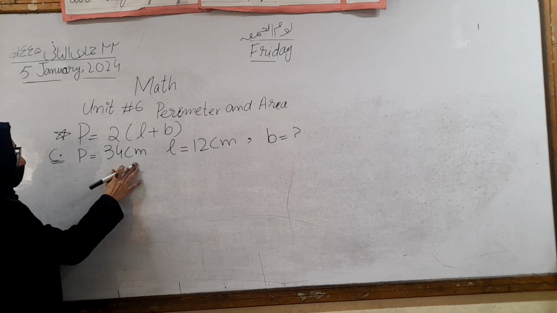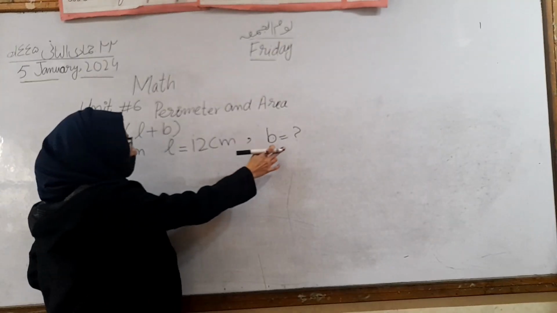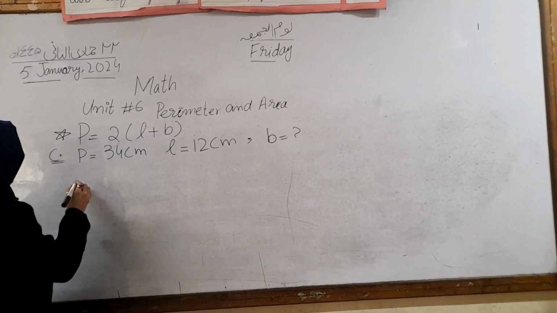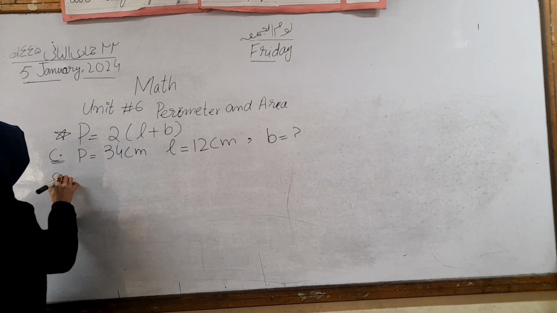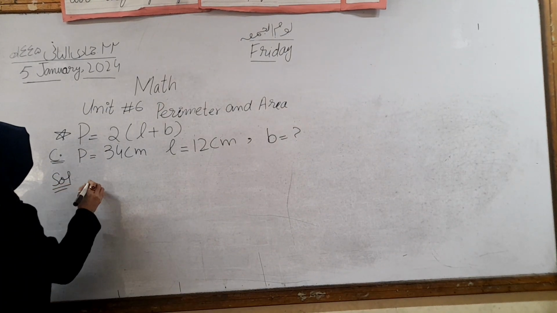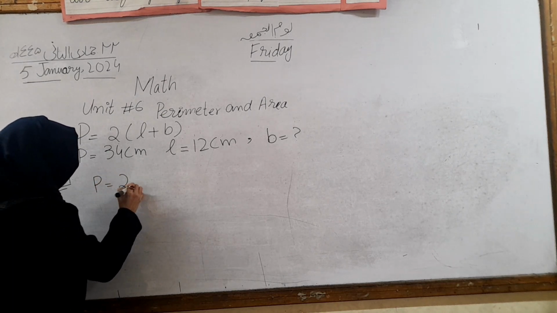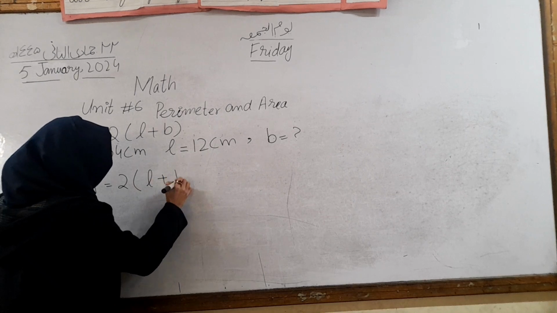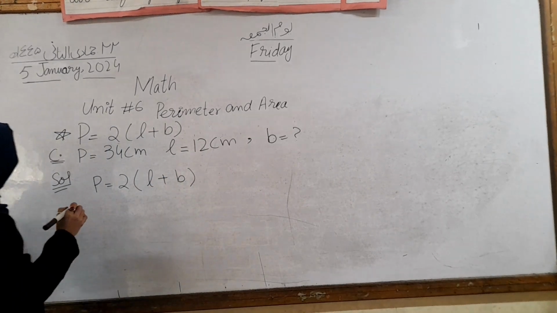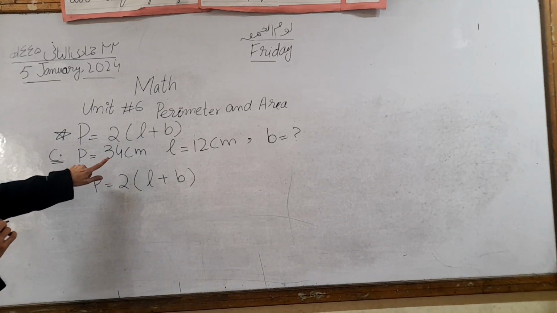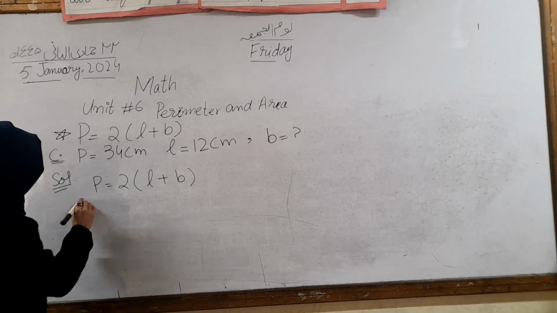Now we have the formula: 2 bracket length plus breadth. What is the value of perimeter? Perimeter is 34 centimeter.